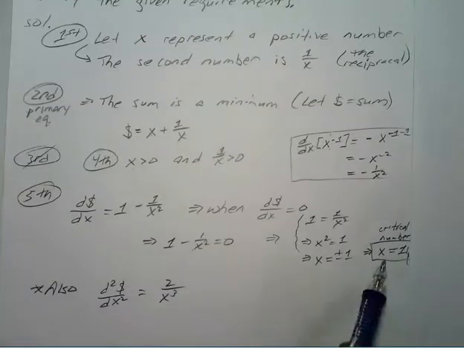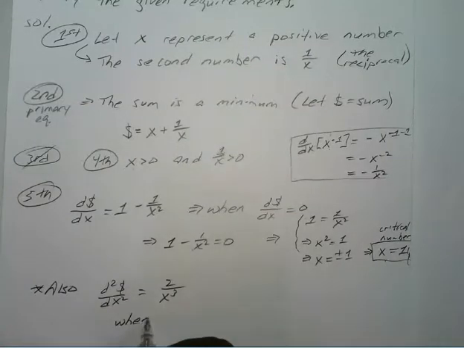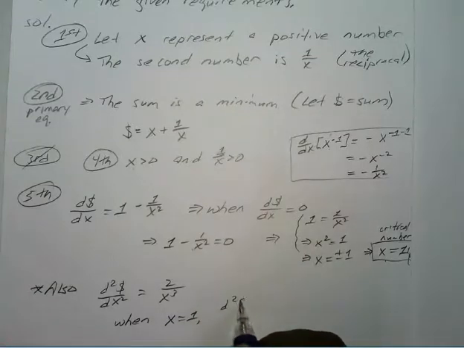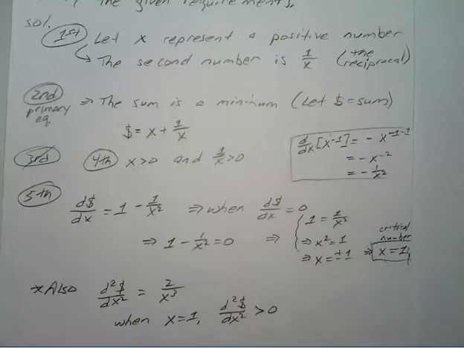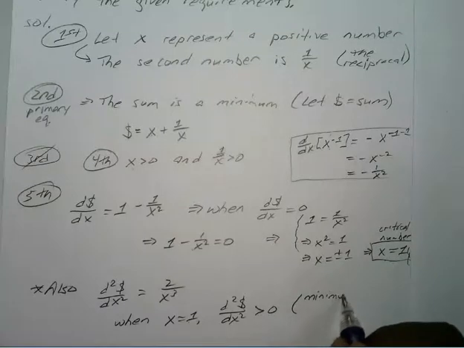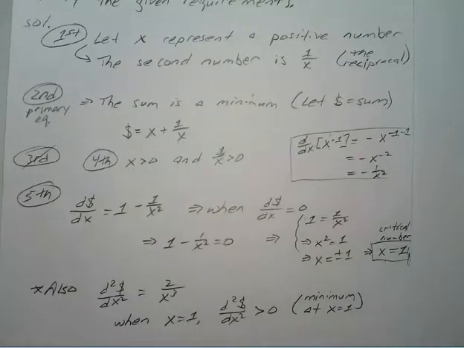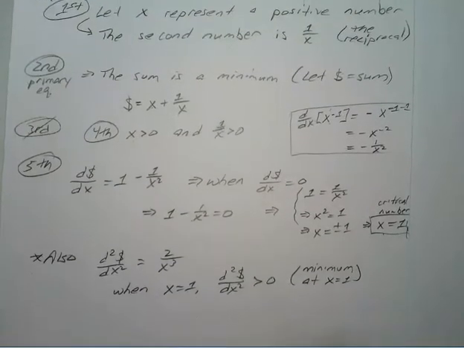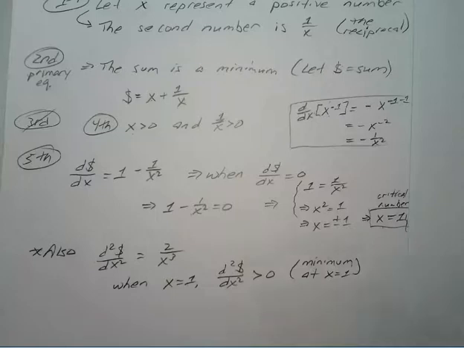So finding out our critical number, when x is equal to 1, our second derivative with respect to x will end up being positive. So if we plug in 1 here, we end up with a positive number, which lets us know there's a local minimum at x equals 1.